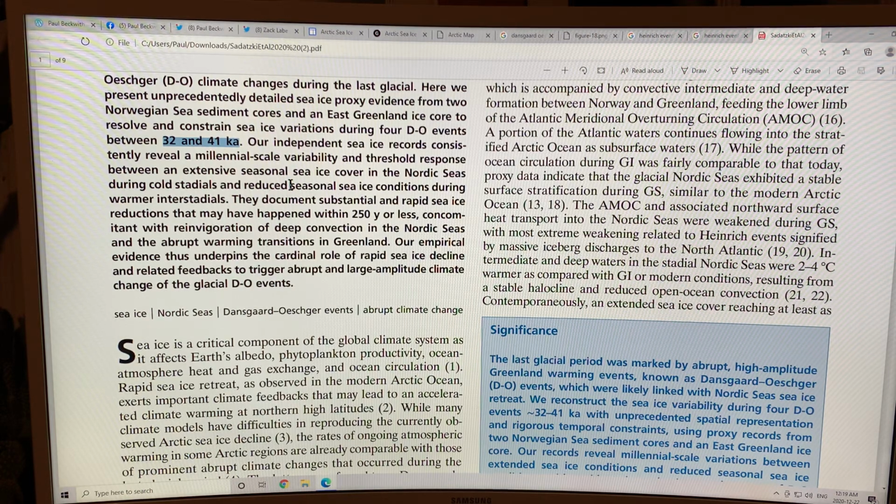And what we have today with the rapid loss of Arctic sea ice, right? Everybody is sort of focused on the blue ocean event. When will we have a blue ocean event? When will the Arctic sea ice disappear for the first time in September?